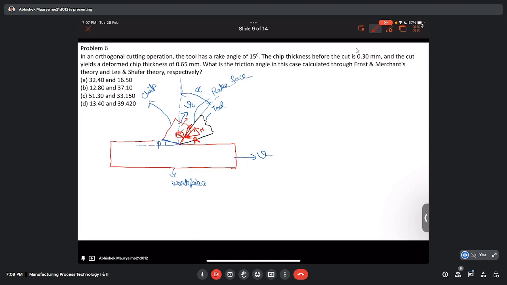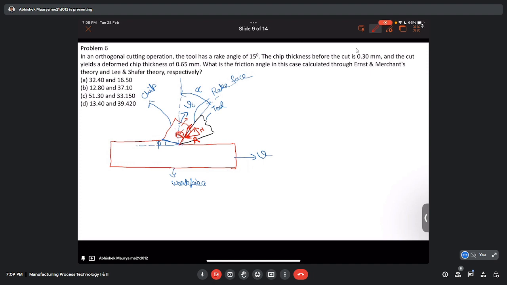Now there is another set of forces which the chip is experiencing. Right now what we have denoted is the force which the tool is experiencing because of the chip or the workpiece. Now we will see what forces the chip is experiencing.